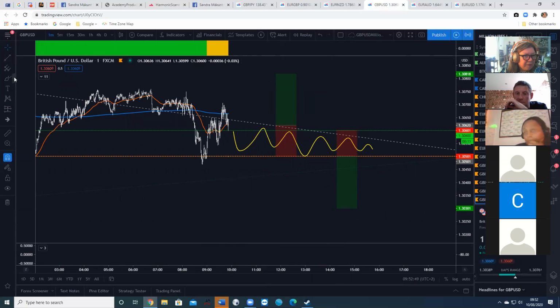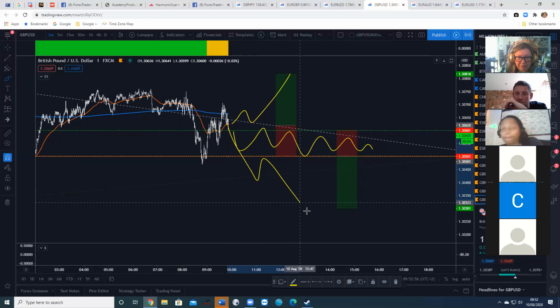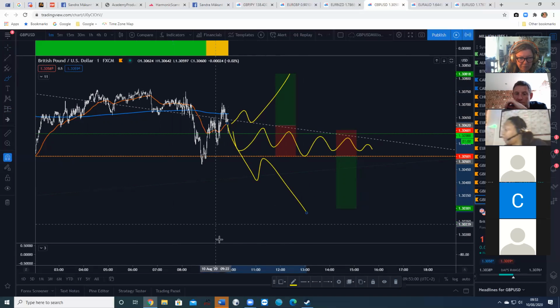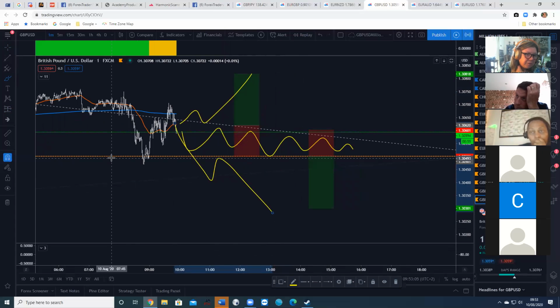So either this or this. Nothing we can do about that till it decides what it wants to do in this wedge shape, although it has been going down.